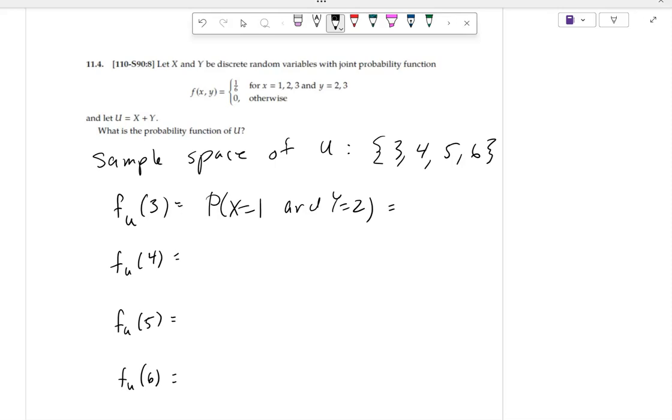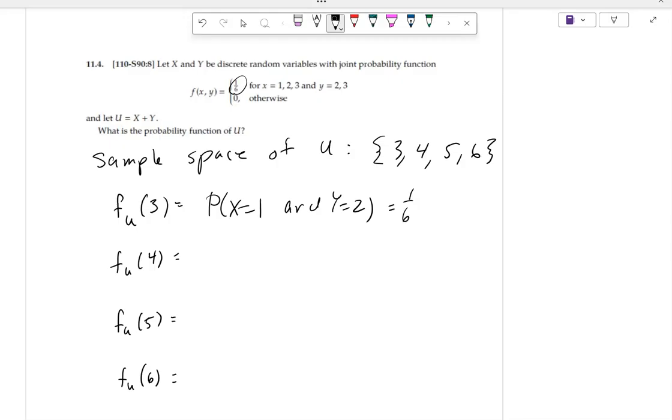Not 1/36. It's just 1/6, because there are only 6 possible ordered pairs: (1,2), (1,3), (2,2), (2,3), (3,2), (3,3). Each of them has an equal possibility of happening. They're all 1/6. So in this case, it would just be 1/6.